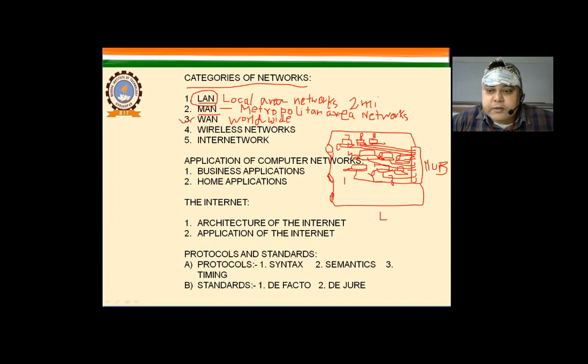So it shows how a limited number of computers can be connected in a small area.